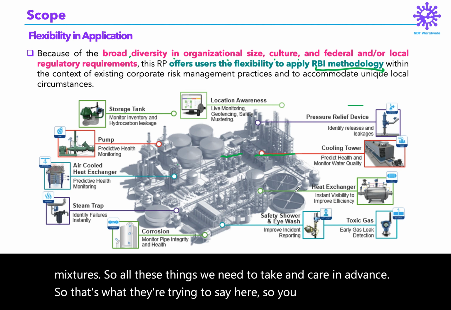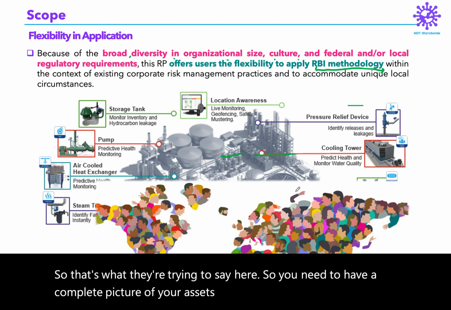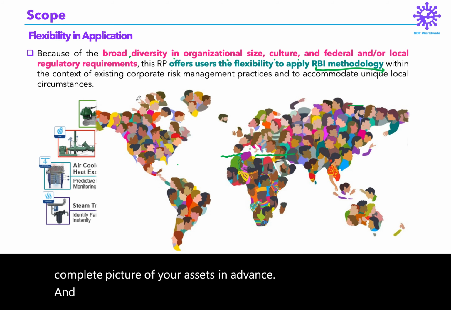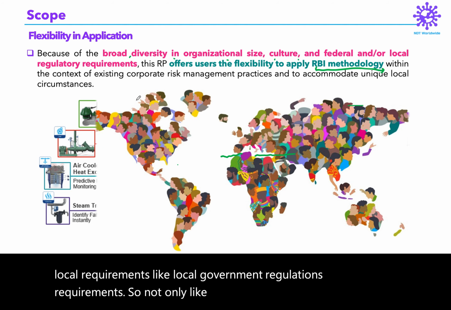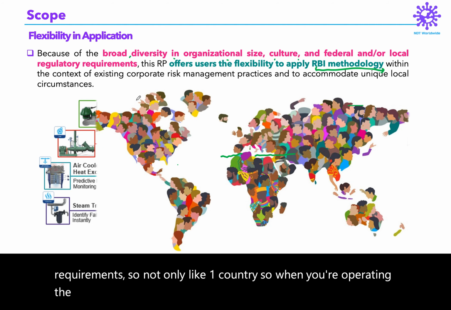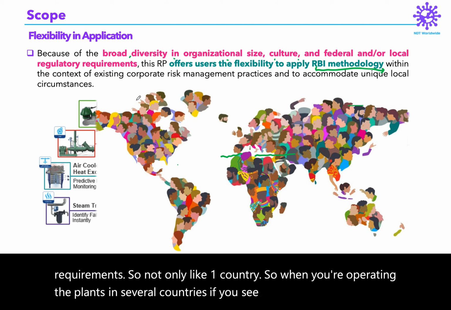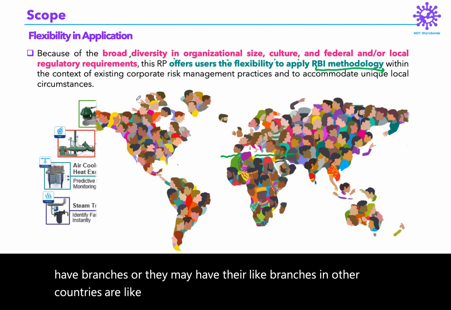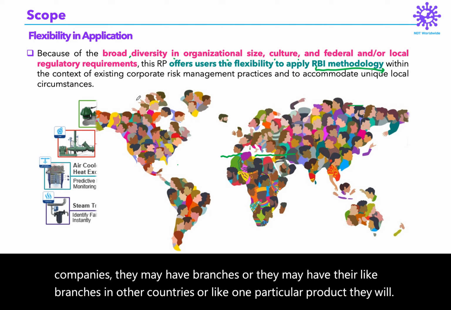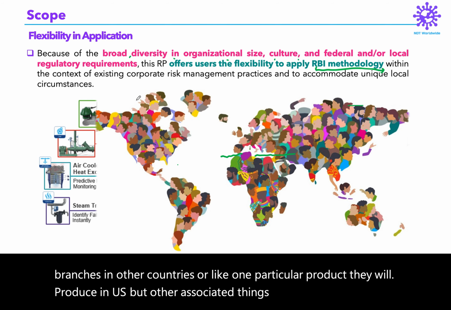So you need to have a complete picture of your assets in advance. And this RBI document will also help you to understand all your local requirements, like local government regulations. Not only one country. When you're operating plants in several countries, if you see US companies, they may have branches in other countries, or one particular product they'll produce in the US, but other associated things they may have plants in Taiwan and China and India.